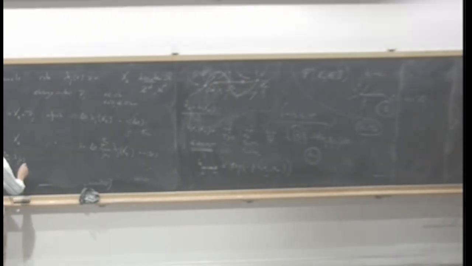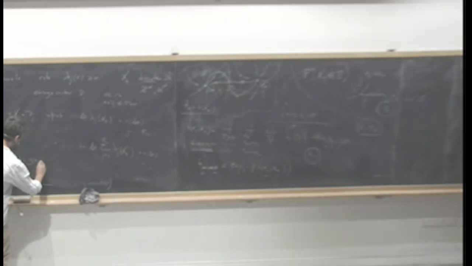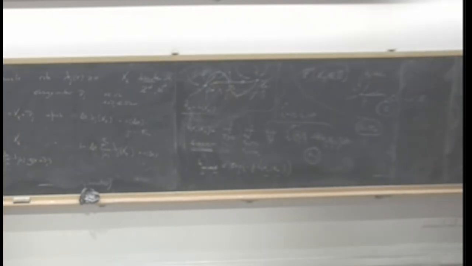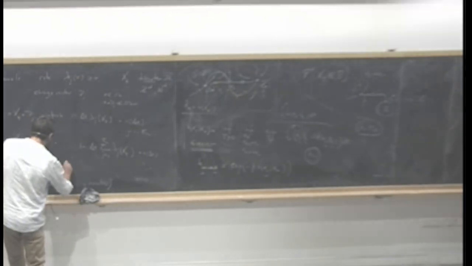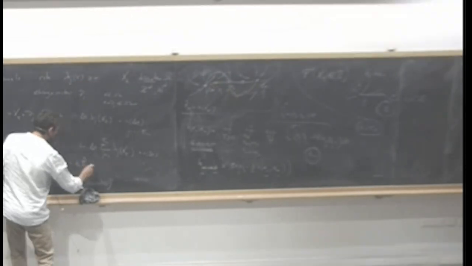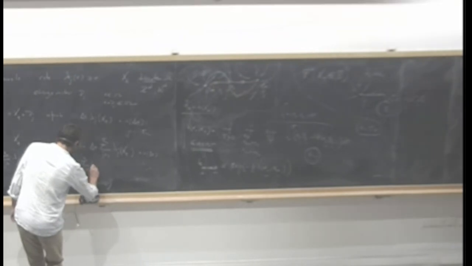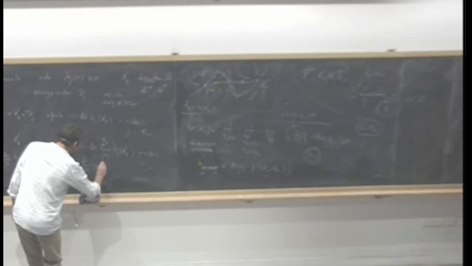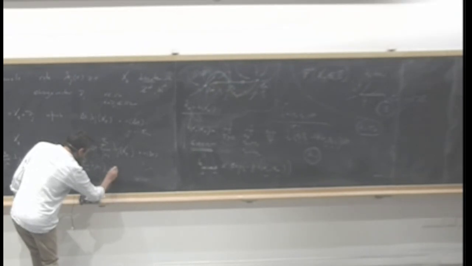So what you get is this. That's the probability that something changed. And then you have plus 1 minus delta t times the sum from j equal 1 up to r of lambda_j of x times g of x. Yes?